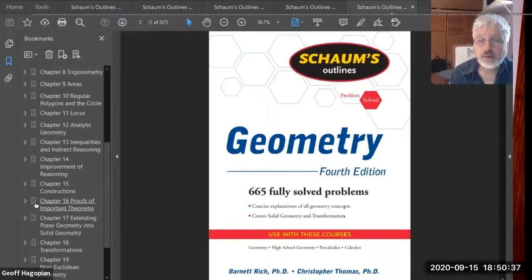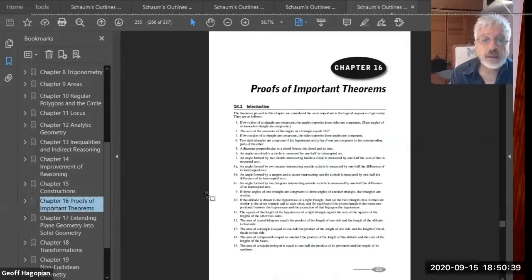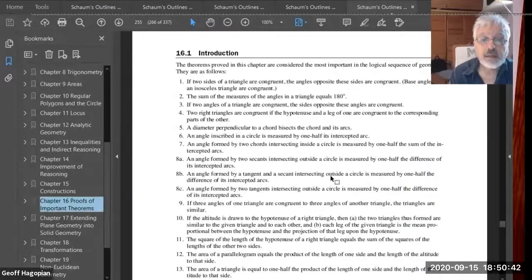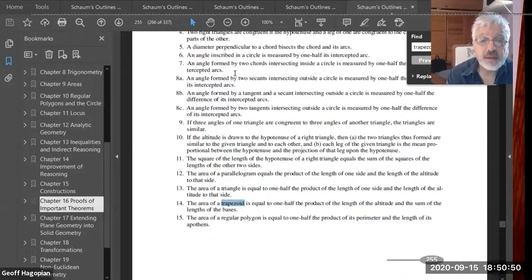Okay, so I want to go to chapter 16 and kind of zoom in on that. Can we find something here? I want to find a trapezoid. Okay, the area of a trapezoid. That's not okay. So that proof is not here.